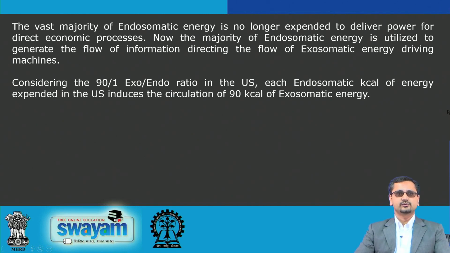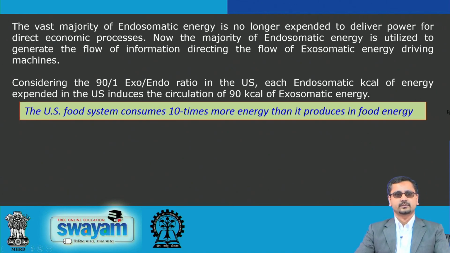Considering the 90:1 exo to endo energy ratio in the United States, each endosomatic kilocalorie of energy expended in the United States includes the circulation of about 90 kilocalories of exosomatic energy. Therefore, the US food system, for instance, consumes 10 times more energy than it produces in terms of food energy.